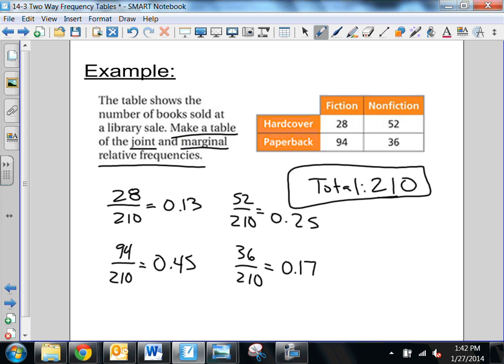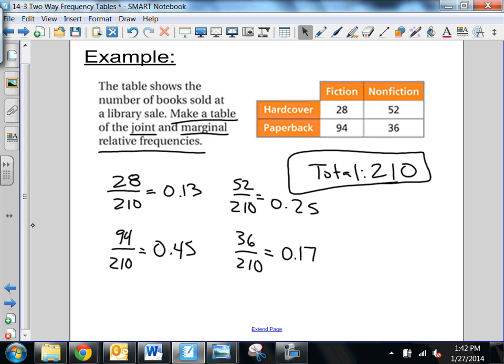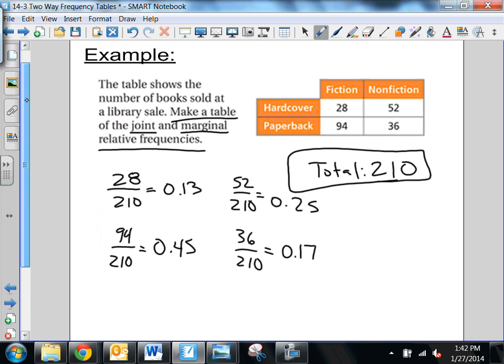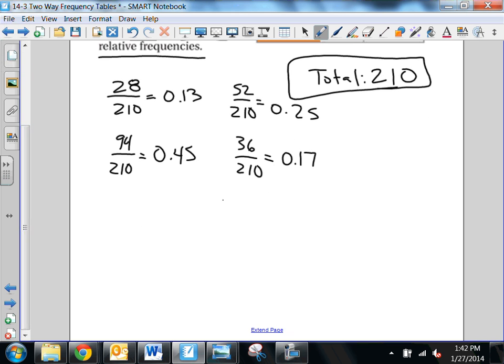So my new chart will look similar to the one before it. Okay, I'm going to have fiction and nonfiction, fiction, and nonfiction, just write that.